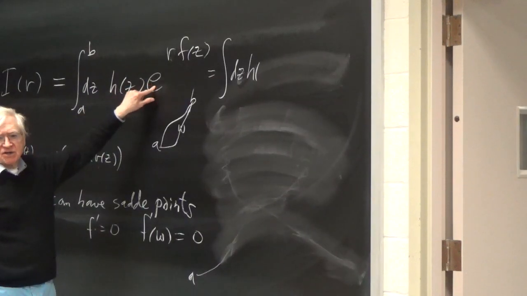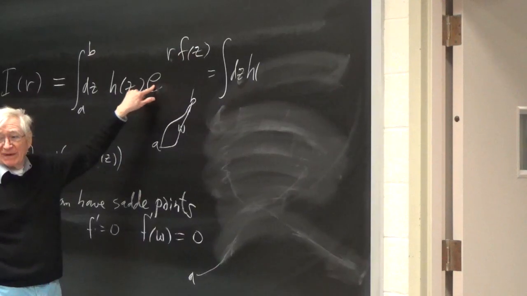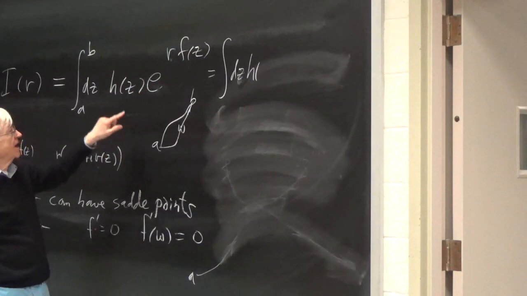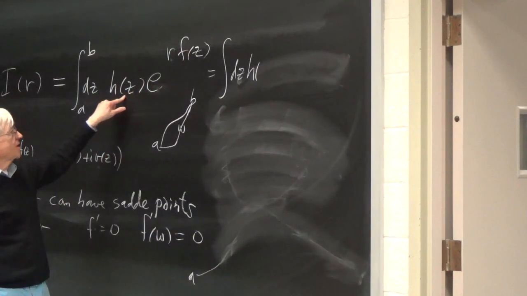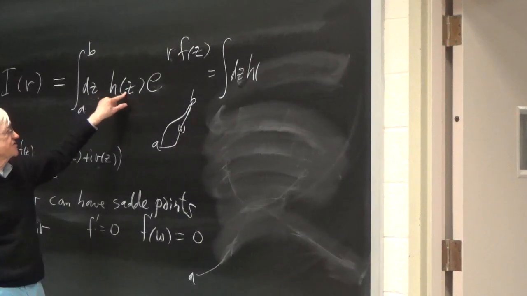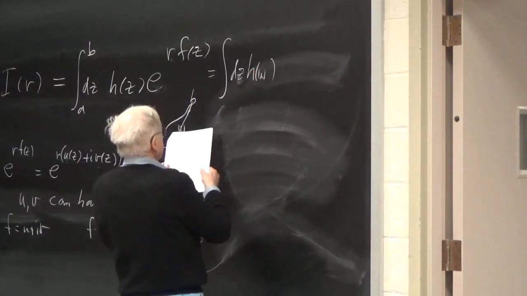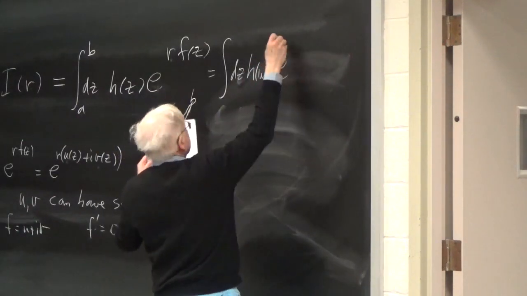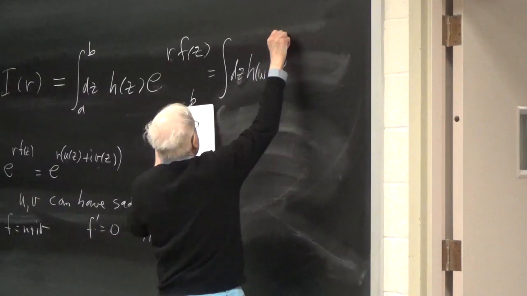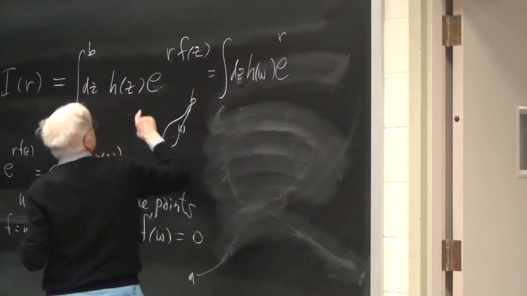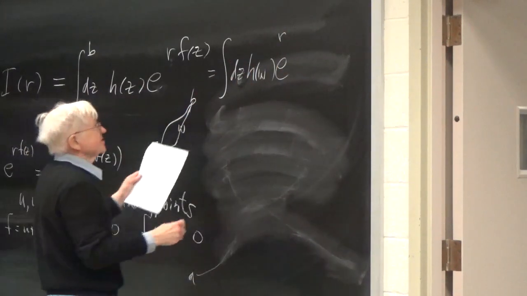All the variation and all the mathematical dynamite is in the exponential. And so we're going to approximate this by saying h of z is just h of w. And then we have e to the r f of z. Now what's f of z?